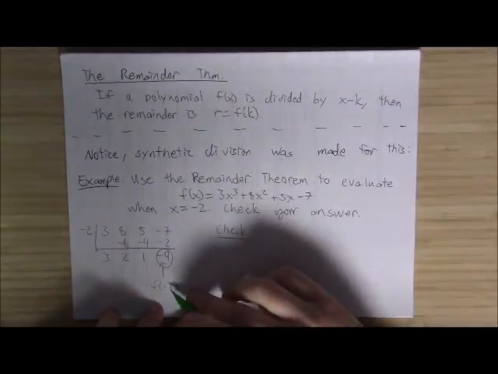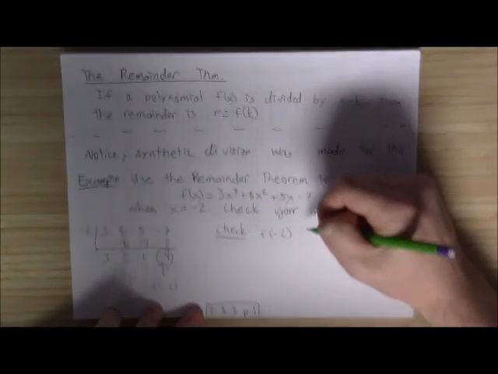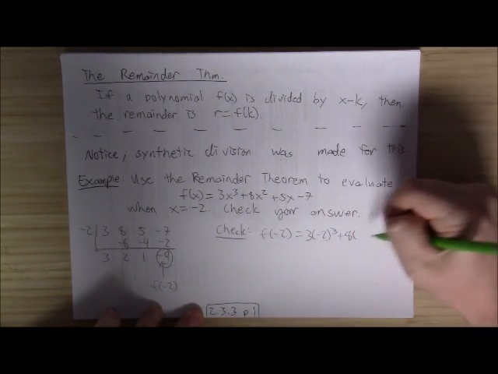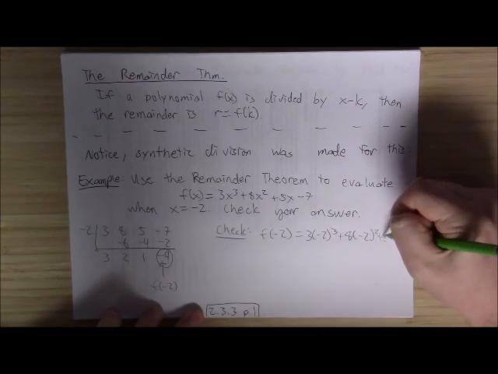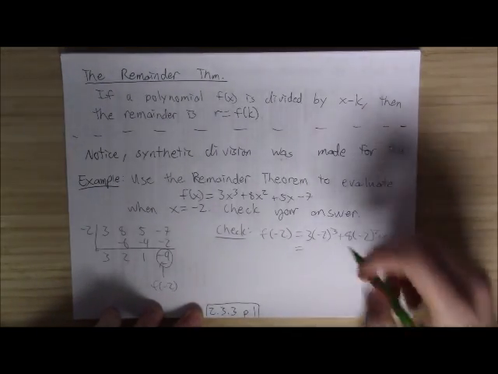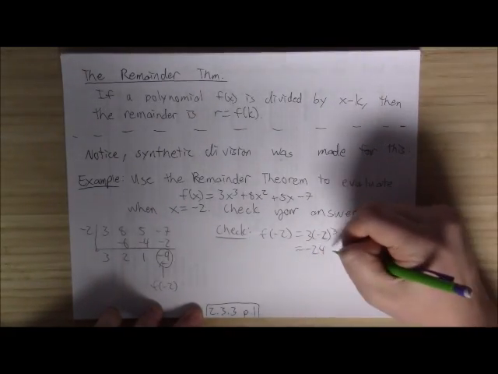If we plug -2 into here, that would be 3 times -2 cubed plus 8 times -2 squared plus 5 times -2 minus 7. Evaluating that out, -2 cubed is -8 times 3 is -24.